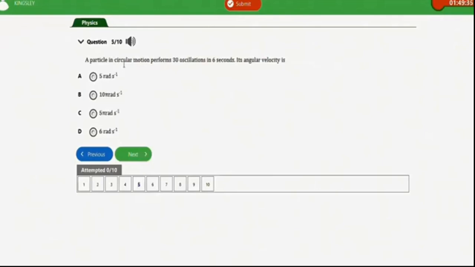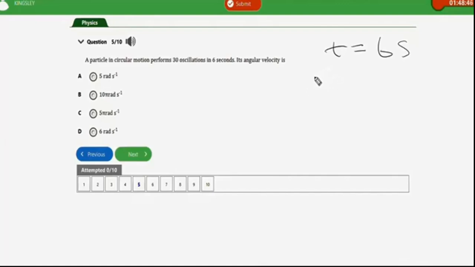It says a particle in a circular motion performs 30 oscillations in 6 seconds. Its angular velocity is what? So for this particular question, let's write down the parameters. We have the time to be 6 seconds, and we also have a particle in a circular motion performing 30 oscillations.